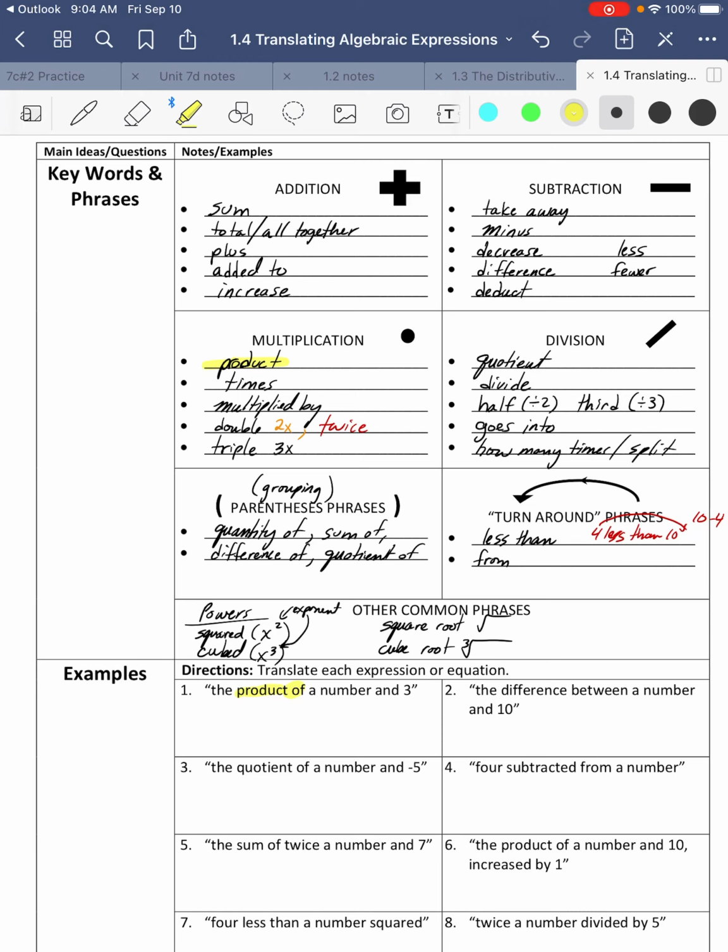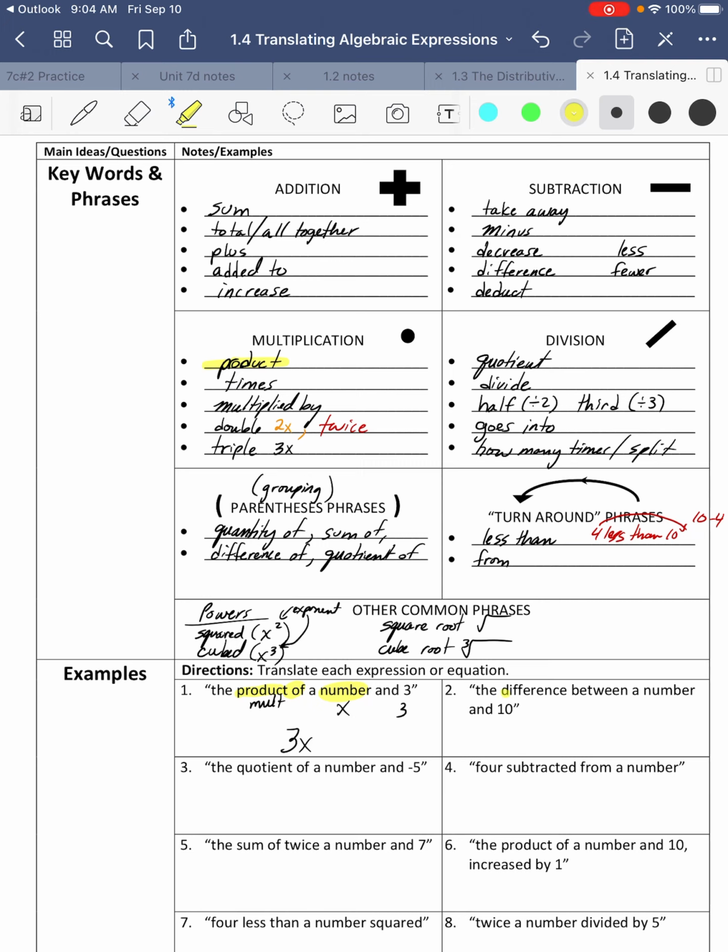A number, we don't know what the number is, so that's going to be our x. So we're going to multiply 3 times x. And if you don't like x, you can use any letter you would like.